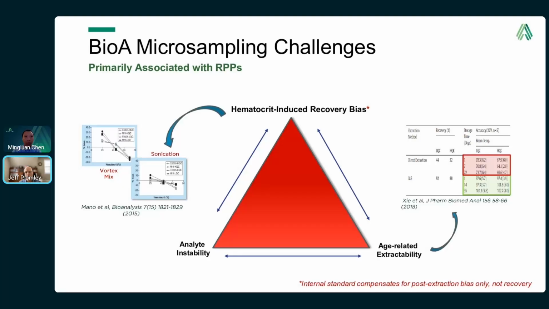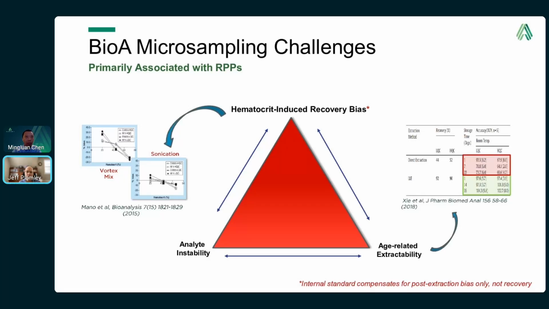To further convolute matters, an apparent analyte instability may be age-related extractability. That is, as the microsample ages, reduced analyte response is due to a loss in recovery and not due to instability, in which case an alternative sample preparation workflow might be in order.